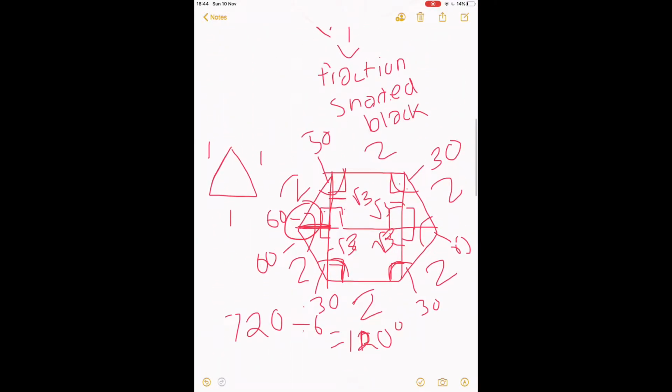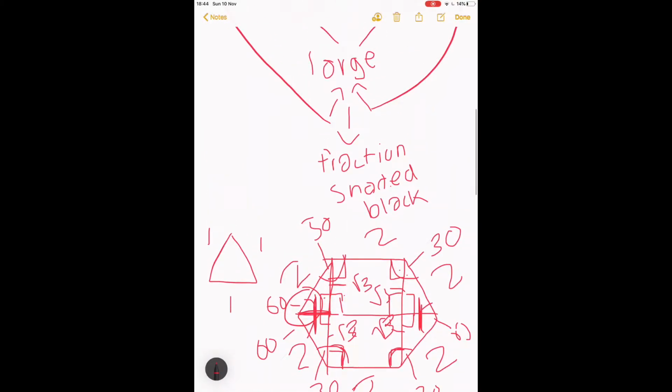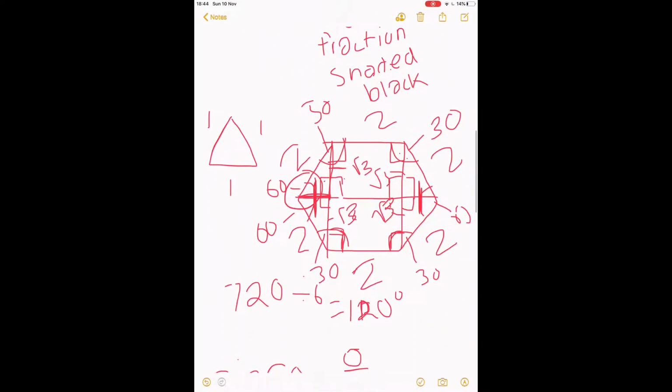So on here, the side that all the triangles share is 1. So we can do 1 here and 1 here. We have 1 now for these sides. Now we can use base times height over 2 to find the area of the triangles.